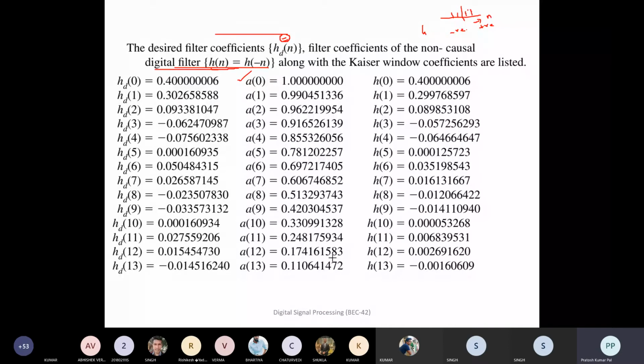In the generalized expressions we have seen what the hd of n expression will be in case a low pass filter is to be designed. So once we are going to find out the hd of n expression, we will be calculating it by using the generalized expression that we have seen.